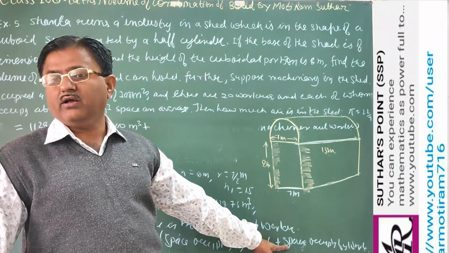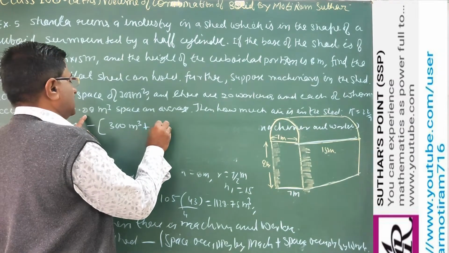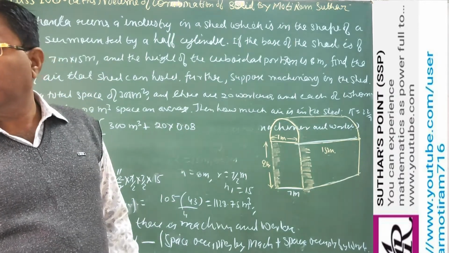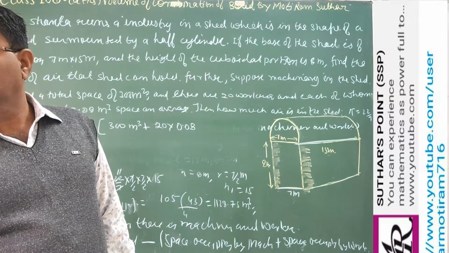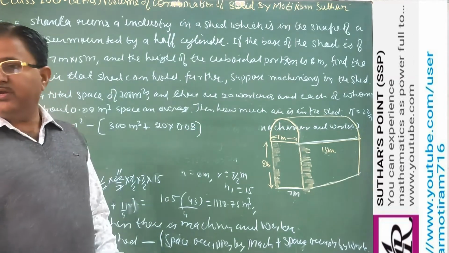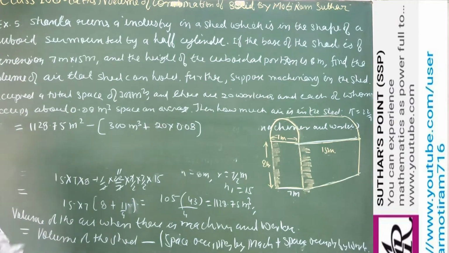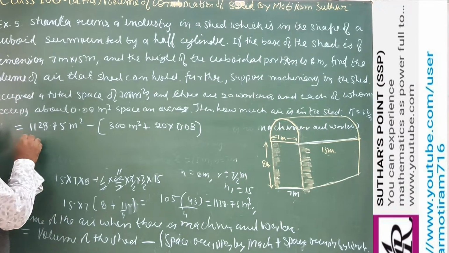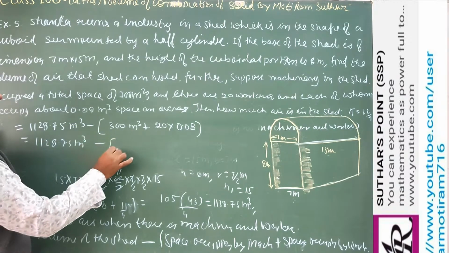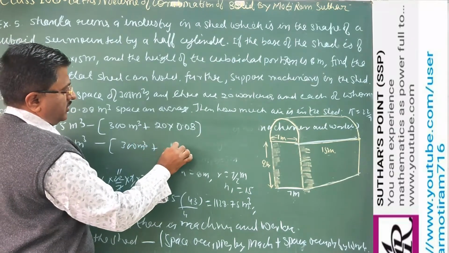There are 20 workers and each worker occupies this much space. So the total space occupied by the 20 workers will be multiplied and subtracted: 1128.75 cubic meter minus 300 cubic meter plus this multiplication.